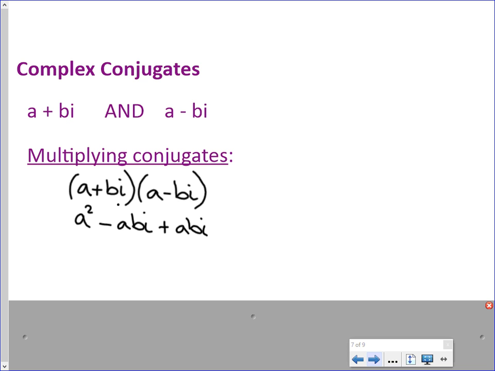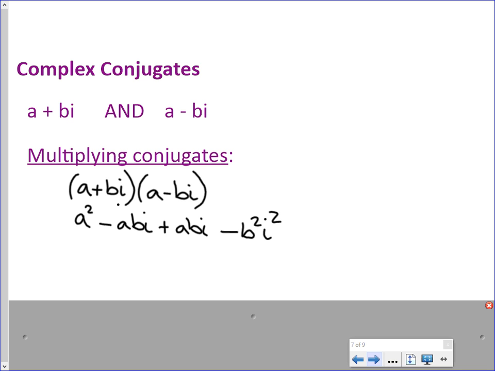Multiplication is commutative, so it doesn't matter what order you multiply those things. And then the last terms would be positive bi times negative bi. A positive times a negative is a negative. b times b, i times i, b squared, i squared. What do you notice happening in the complex conjugates?